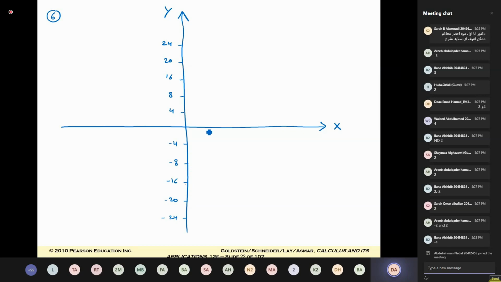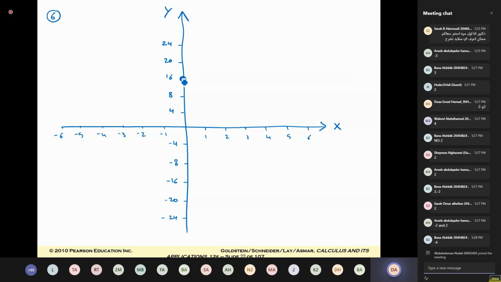And we have 1, 2, 3, 4, 5, 6, negative 1, negative 2, negative 3, negative 4, negative 5, negative 6. The maximum point, we have the maximum point (0, 16).